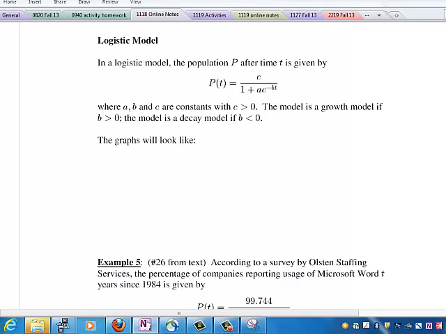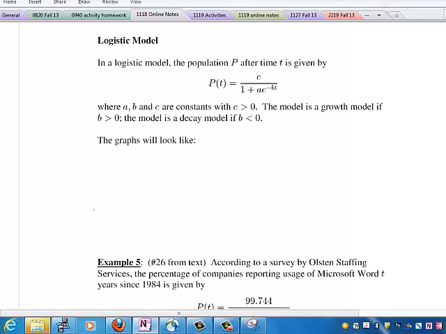This is what's called a logistic model. A, b, and c are constants. C is positive. If b is greater than 0, so if there's actually a negative exponent there, then it'll be a growth model. If b is less than 0, so if negative b is actually positive, then you'll have a decay model.